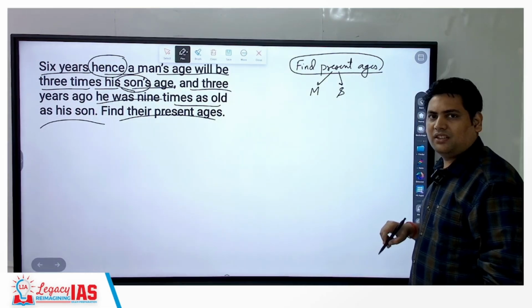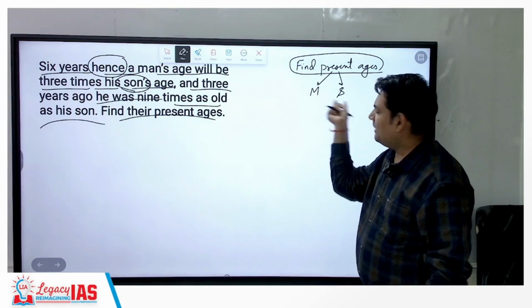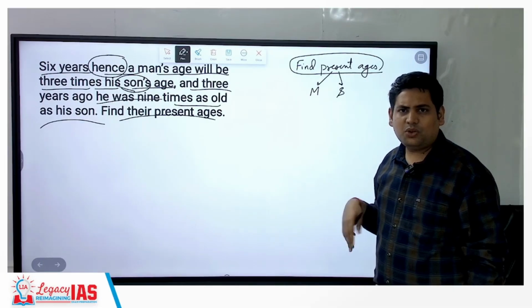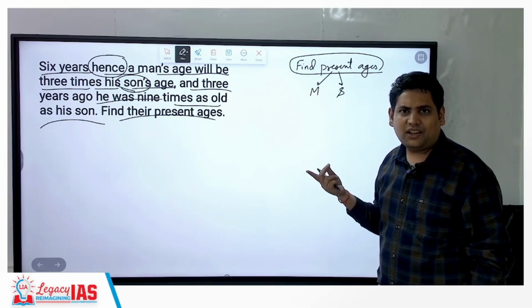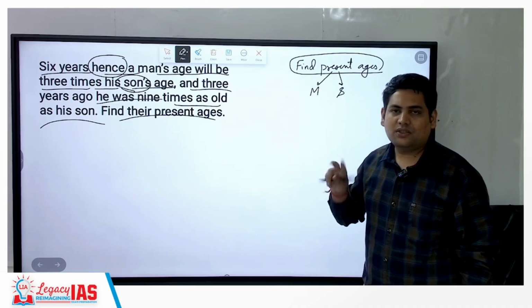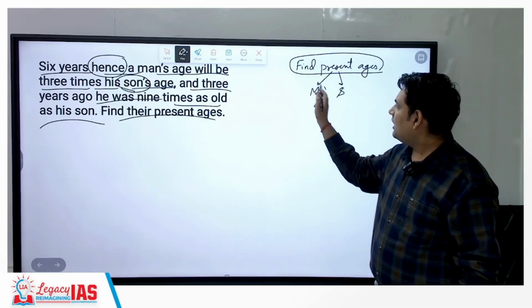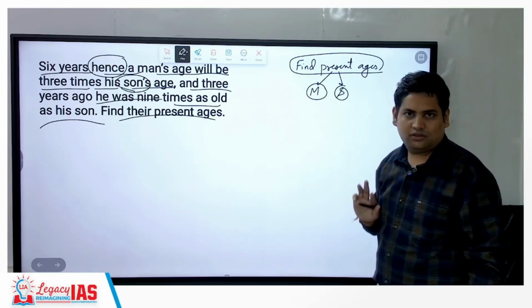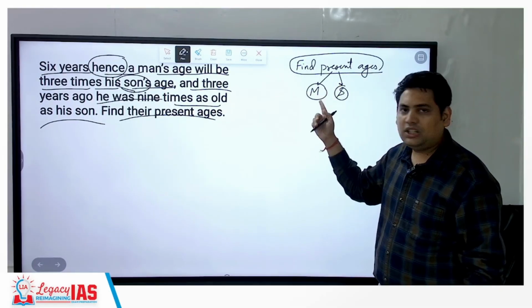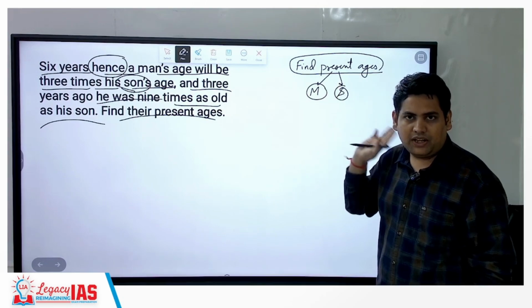This is also fine, because if you take variables like this, it becomes easy for you to recognize them, instead of thinking what I took as x and what I took as y. So let's say their present ages are m and s. This is what we needed to find. We assign variables to these.